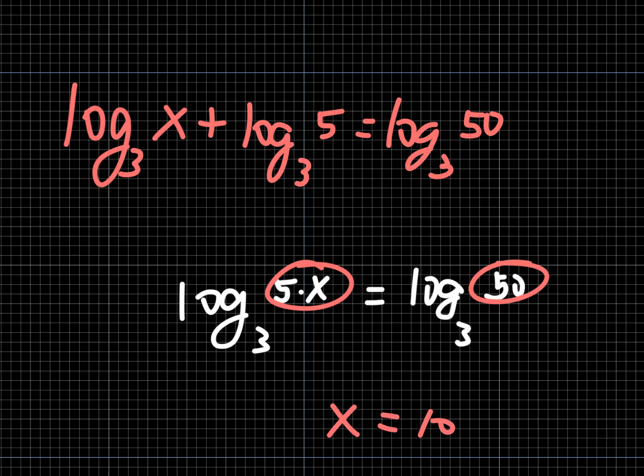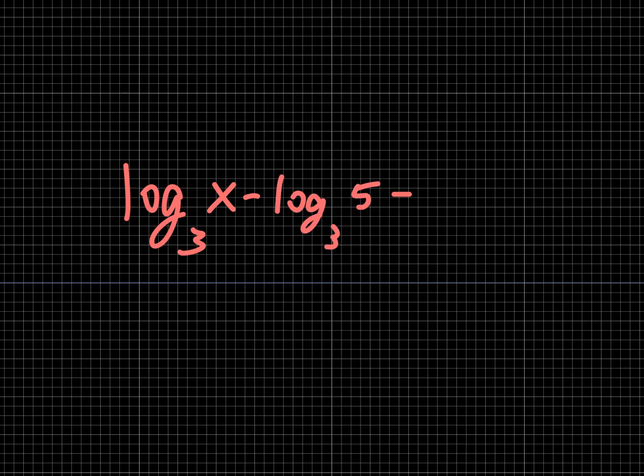Nice. Okay, good. Now here's one that is significantly more complicated just because it's a minus instead of a plus and the power rule has to be used. Let's see if you get it. Log base 3 of x minus log base 3 of 5 equals, wait, I'm wrong.